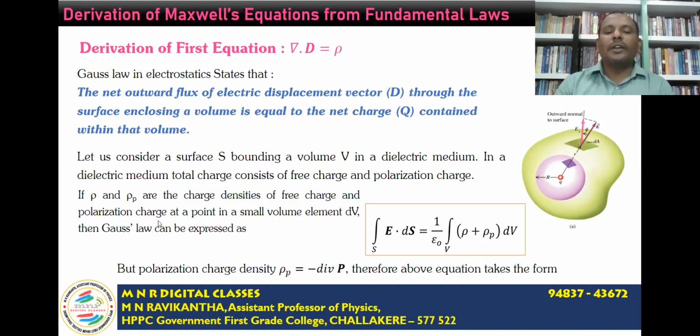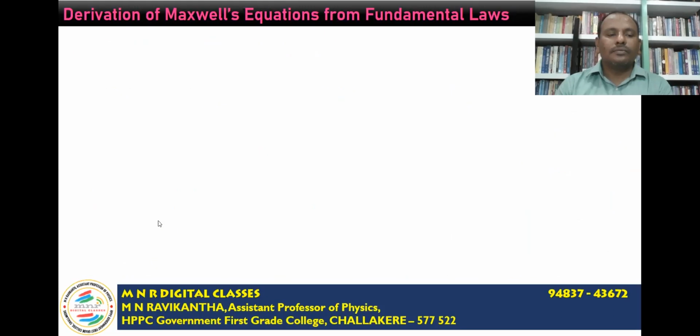But polarization charge density is equal to negative divergence of polarization vector. Therefore, this equation reduces to surface integral of E bar dot ds bar is equal to 1 over epsilon naught times volume integral of rho minus, in place of polarization charge density rho p, substitute divergence of P with negative sign into dV.